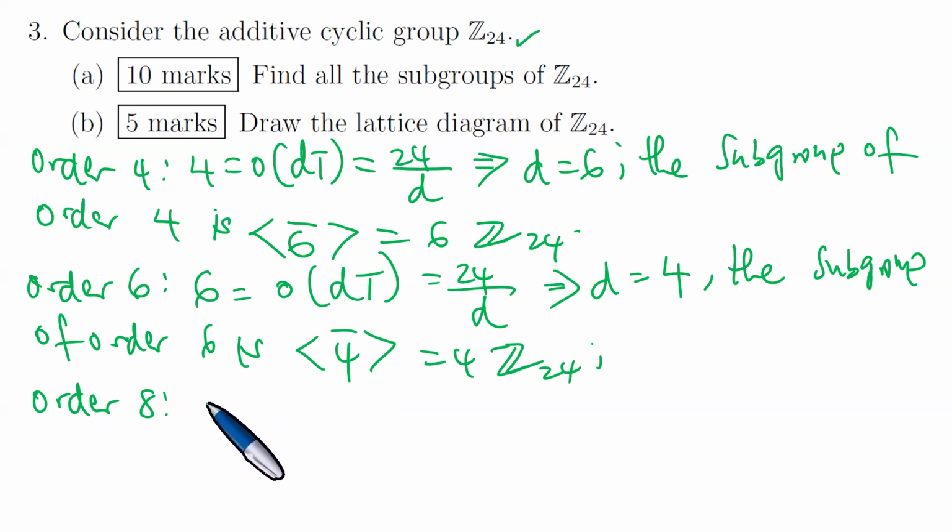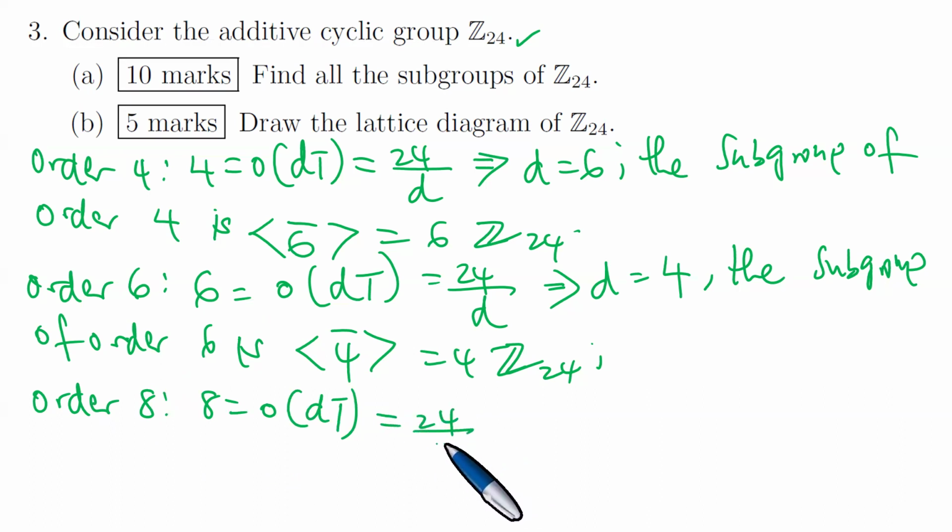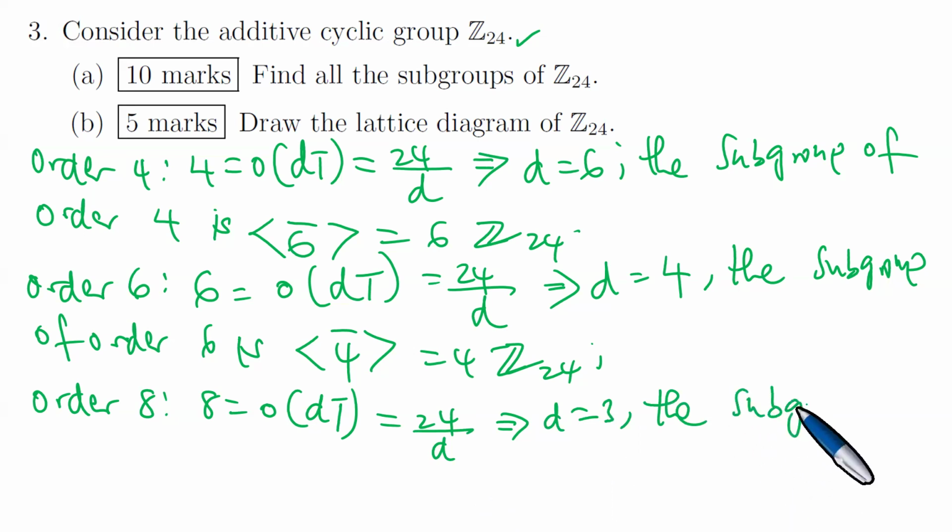Then what you do, you put 8, which is the order of 1 bar, 24 divided by D. This implies there's a number that divides 24 to give us 8, and the number is 3. The subgroup of order 8 is what?